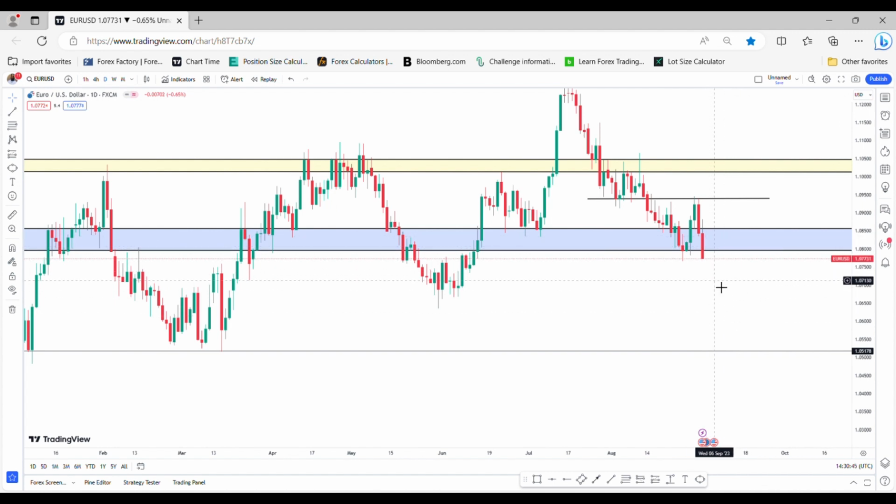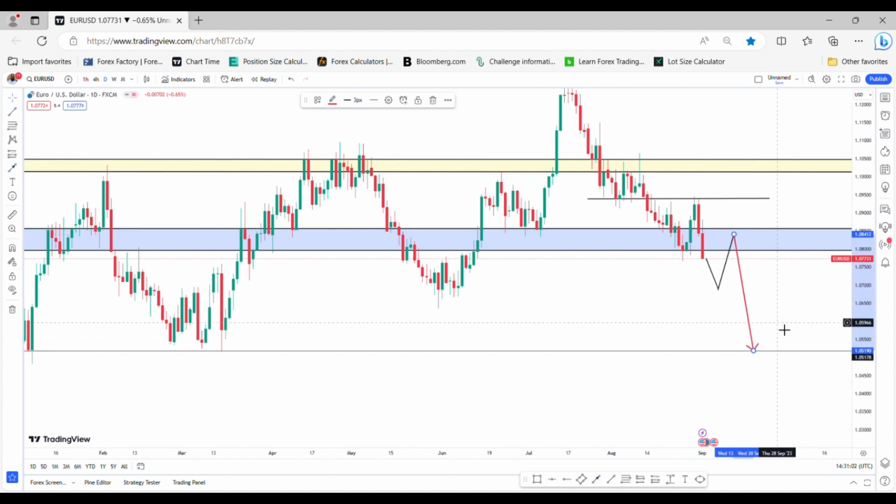I want to see a lower high. So I want to see something like this. This is exactly what I want to see to short.